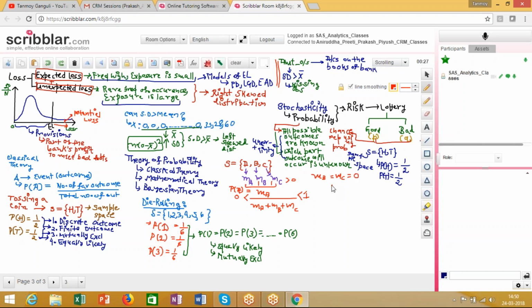Then the probability of A to occur is fully 1. So that is called a sure event. If the probability of occurrence is 1, then it's called a sure event.